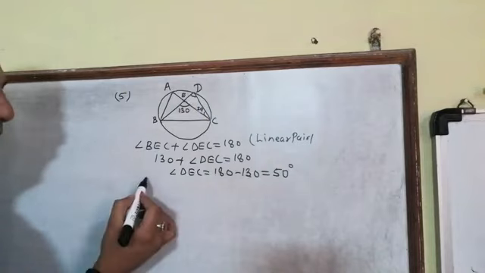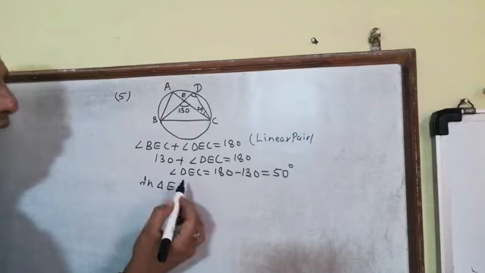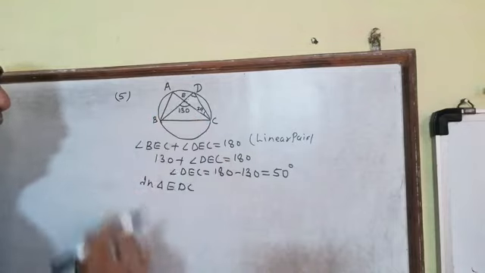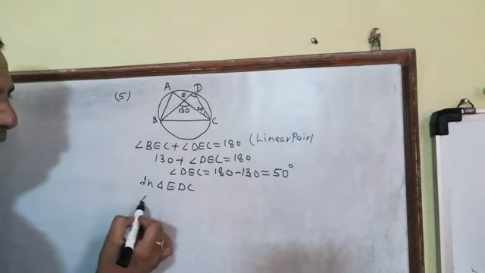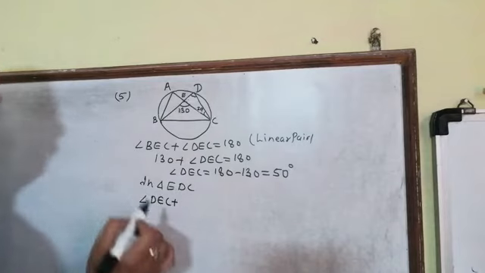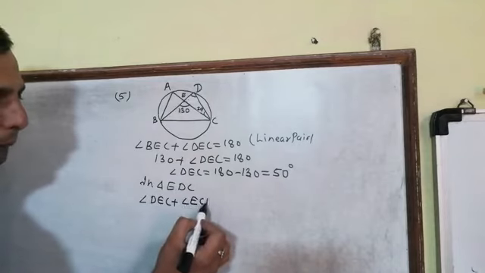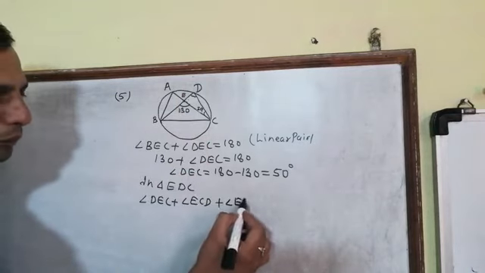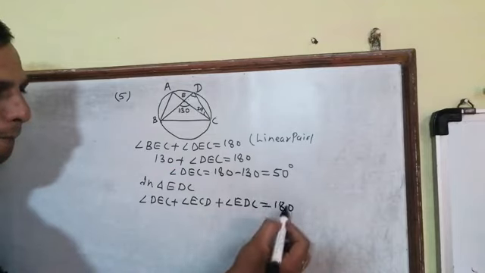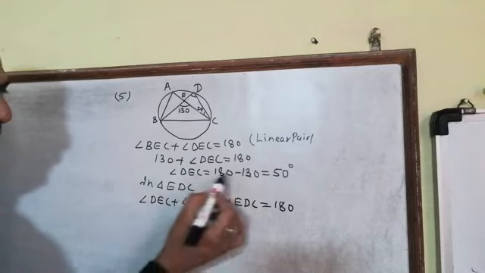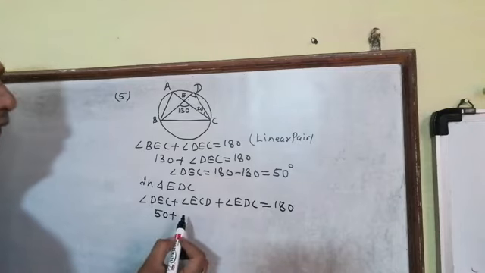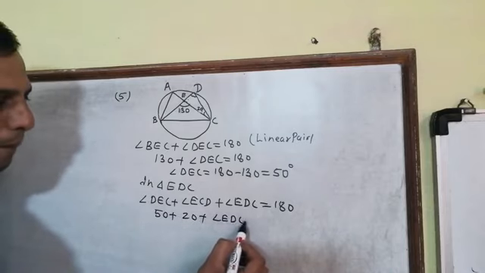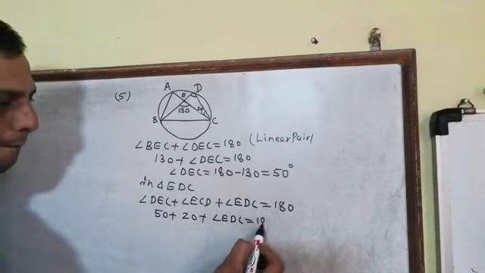So in triangle EDC, the three angles are E, D and C. The name of E is DEC, the name of C is ECD, the name of D is EDC. All sum to 180 degrees. This DEC I got 50, ECD I got 20, and D I don't know. 70.